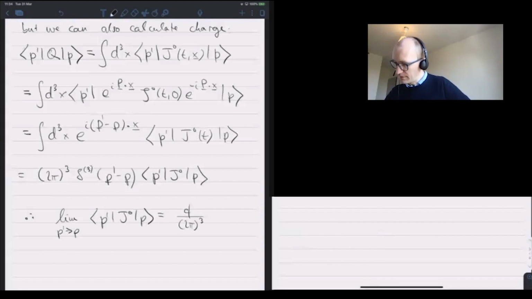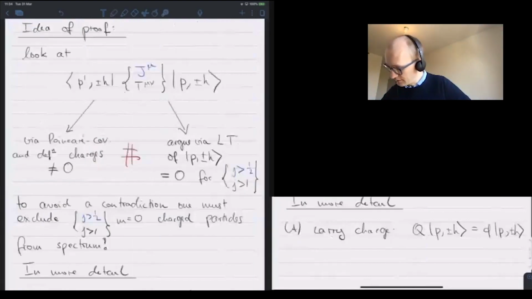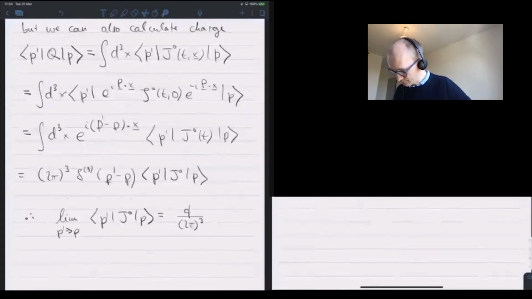And why is that? Well, because we compare this notion of charge, this is very elementary one, which of course gives us little q times the delta, with this definition of the charge. Okay, good.